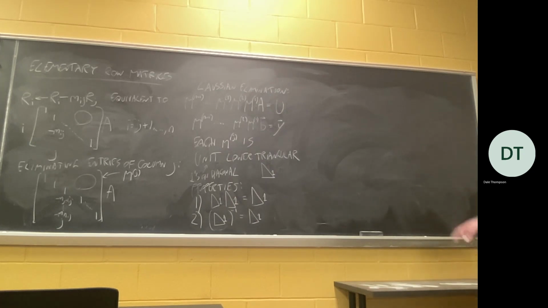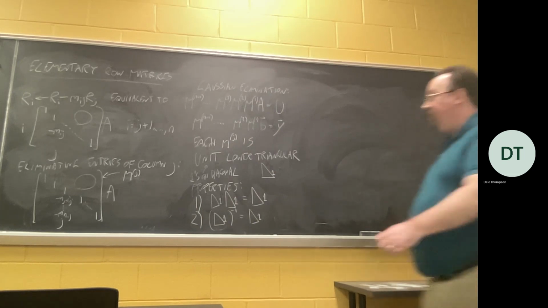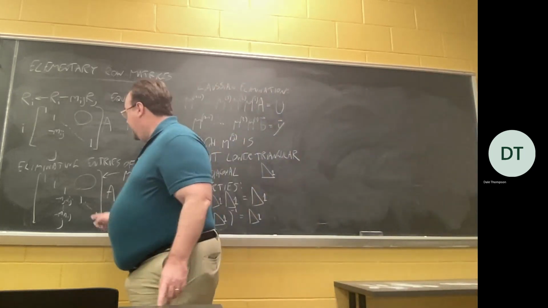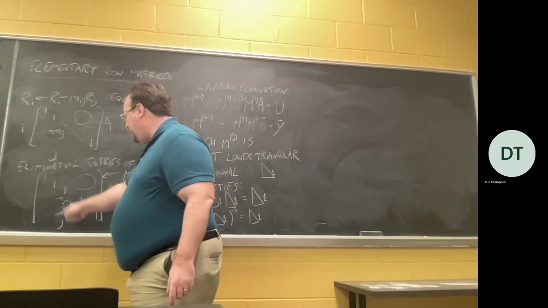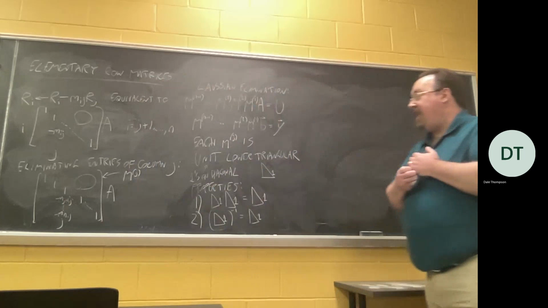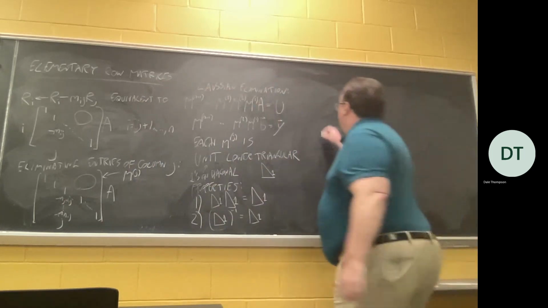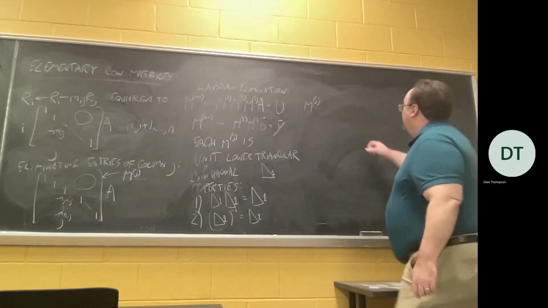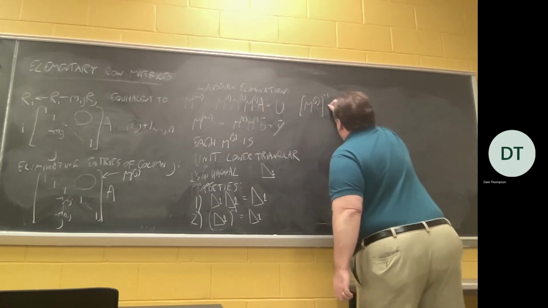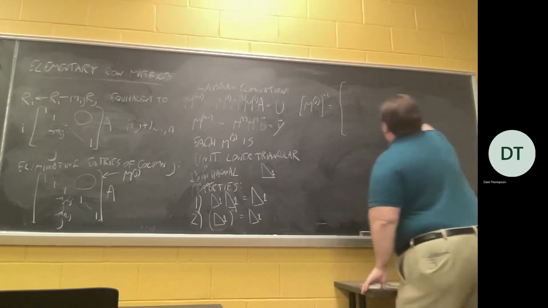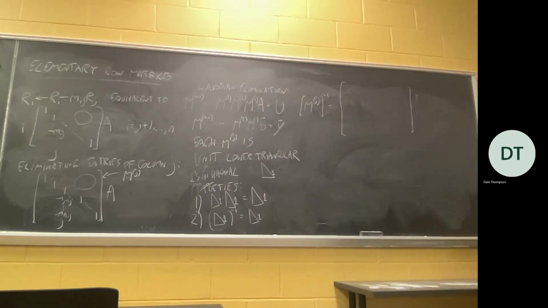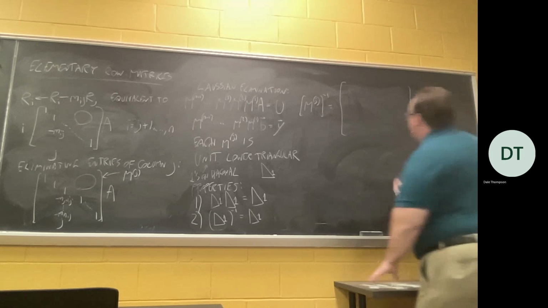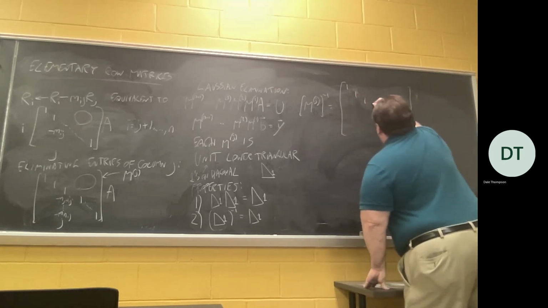Now, what about these matrices MJ? It turns out their inverses are very easy to get. So if MJ is a matrix that has all ones down the diagonal and then these negated multipliers sitting in column J, and I won't show you how we get this, it's something that could be verified if you have a lot of time on your hands. But the inverse of MJ, first, because MJ is unit lower triangular, the inverse is also unit lower triangular.